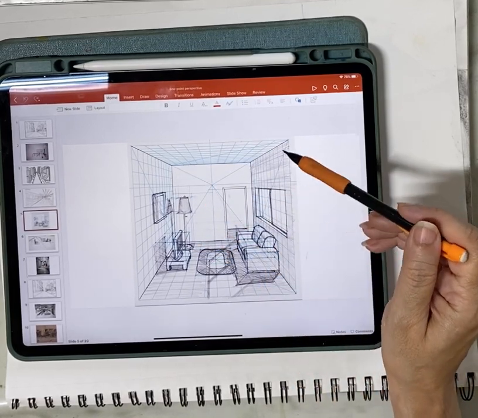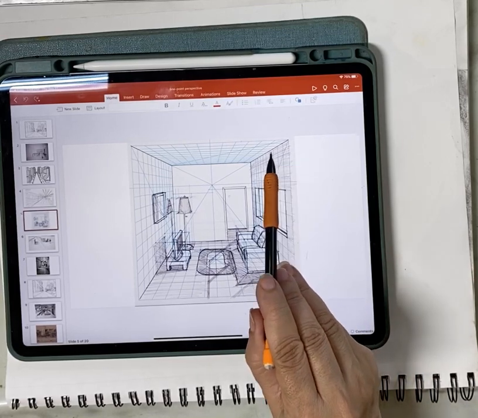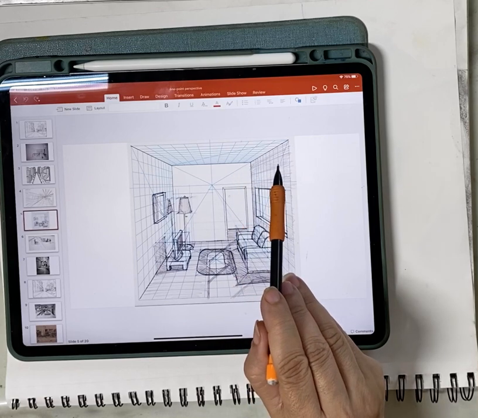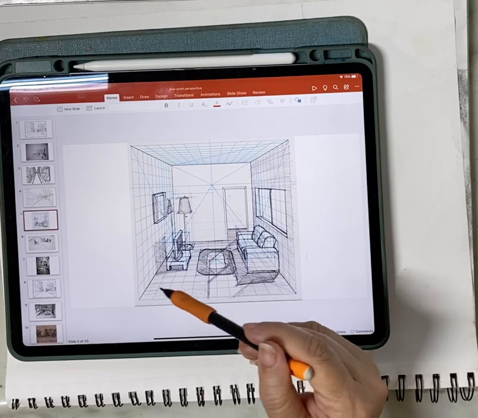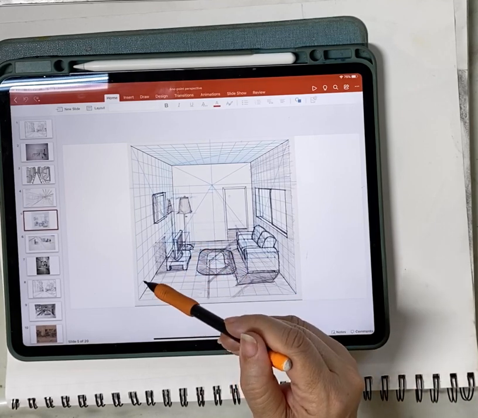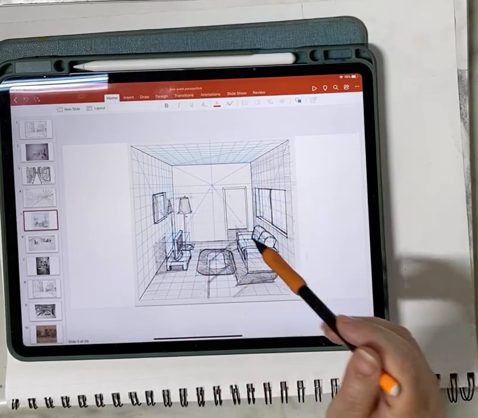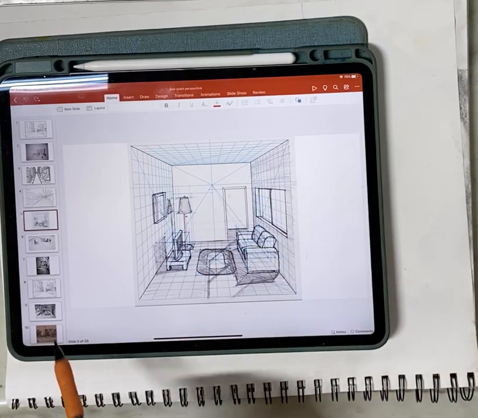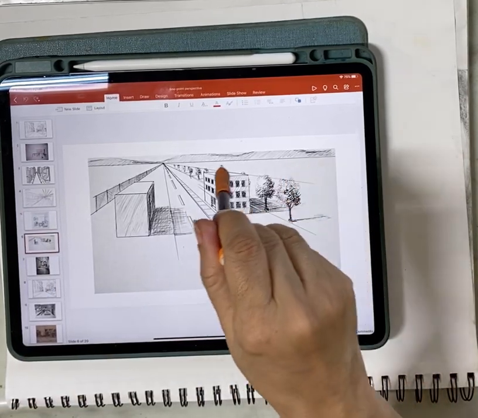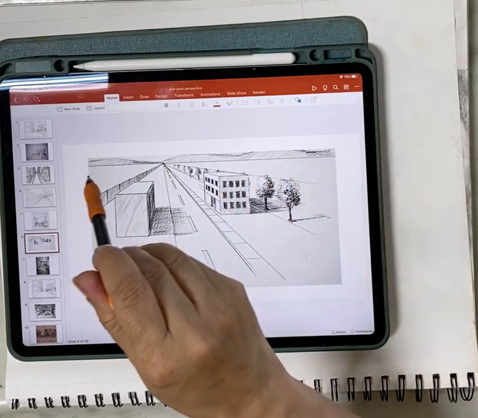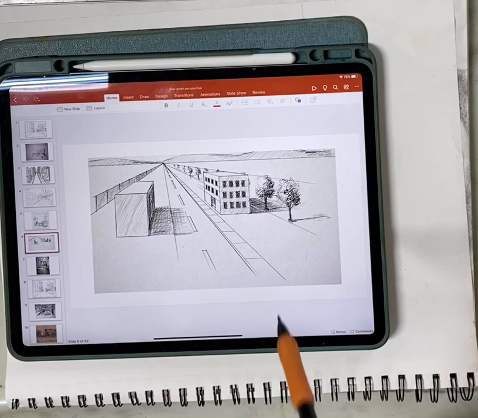The vertical lines are vertical, but all of the lines that are parallel with the line between ceiling and wall, or between wall and floor, all of them have to go toward the vanishing point. And where is the vanishing point? The vanishing point is on the horizon. Then the vanishing point must be on your horizon.